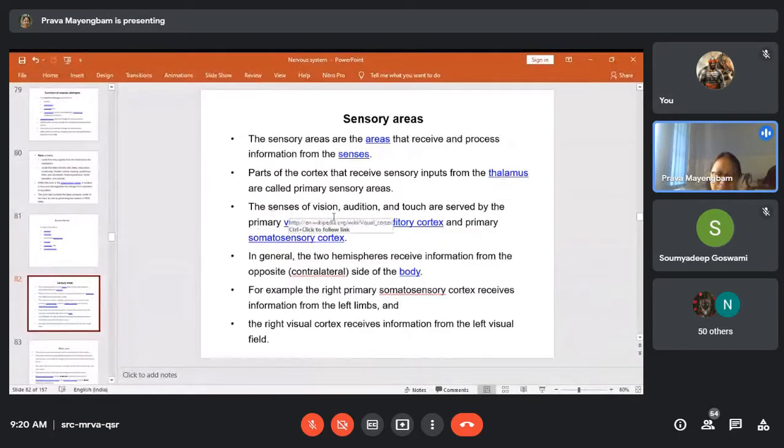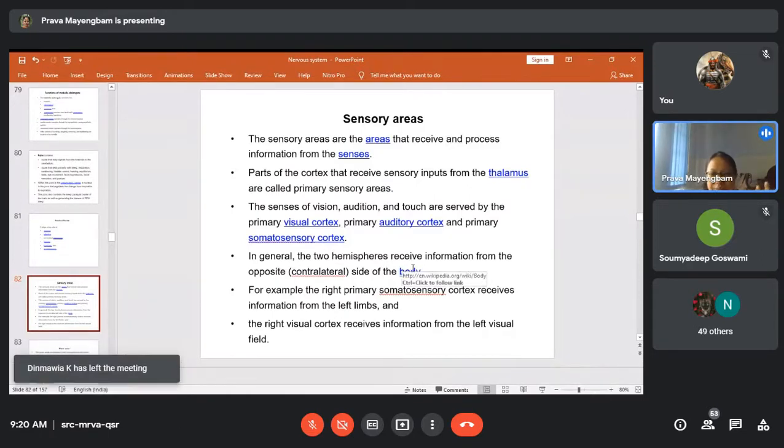The senses of vision, audition, and touch are served by the primary visual cortex, primary auditory cortex, and primary somatosensory cortex. In general, the two hemispheres receive information from the opposite side of the body.